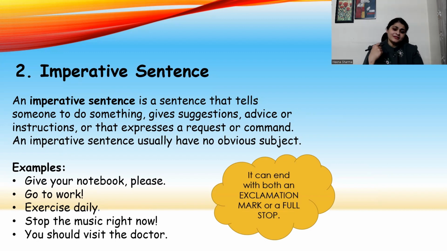Then how come an imperative sentence ends with an exclamation mark? Children, it always depends upon the speaker how a particular sentence is expressed. If I'm saying something with sudden feelings or emotions, my sentence, being imperative itself, will probably end with an exclamation mark.